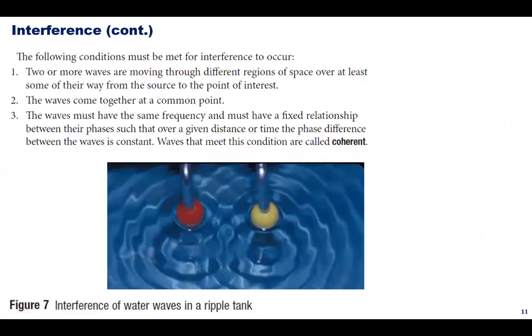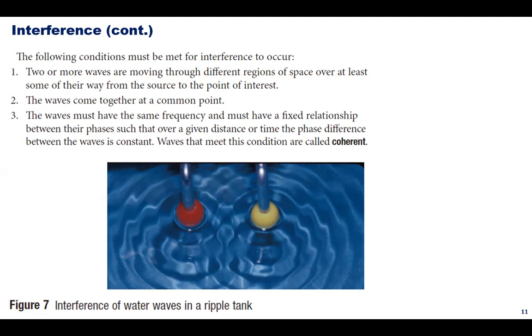Okay, the following conditions must be met for interference to occur. First, two or more waves are moving through different regions of space over at least some of their way from the source to the point of interest. Second, the waves come together at a common point.